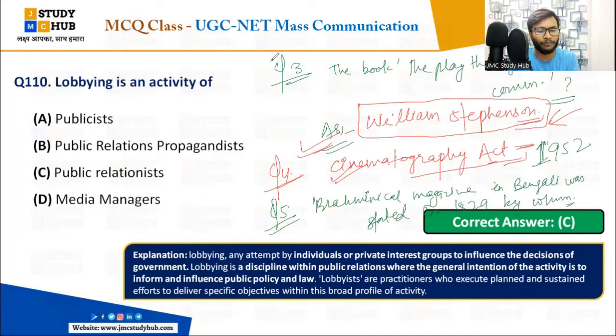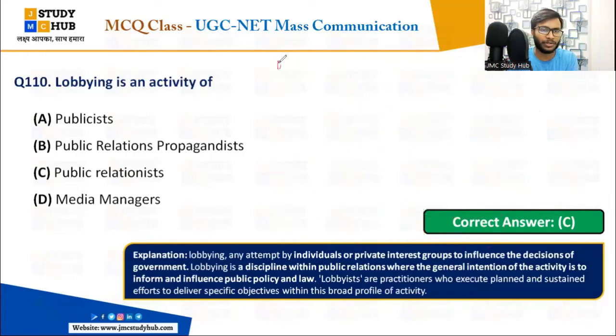Yes, very good, very good. That the right answer, that is Raja Ram Mohan Rai. Okay. Brahminical magazine that published in the Bengali was started in the 1829 by the Raja Ram Mohan Rai, right? बहुत ही सुंदर.